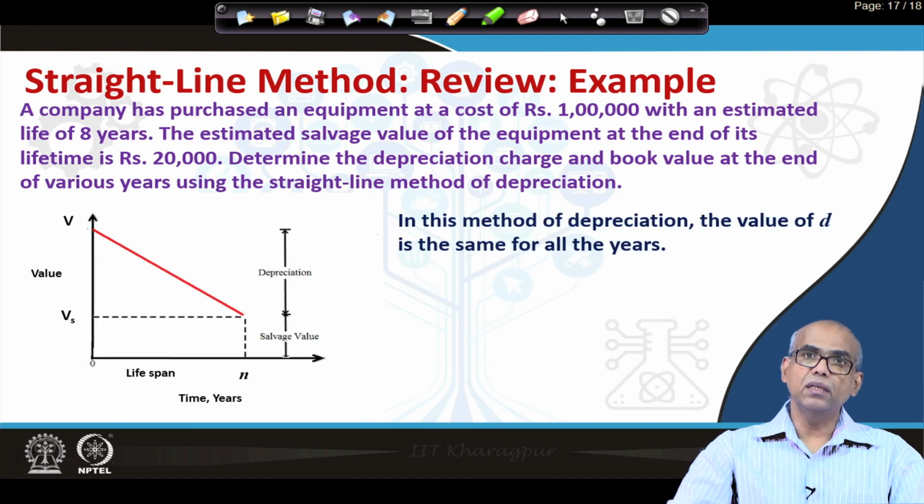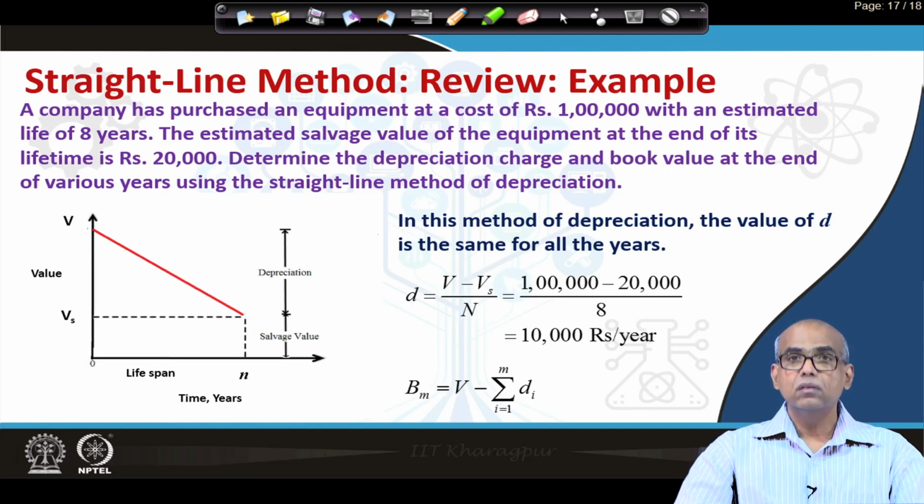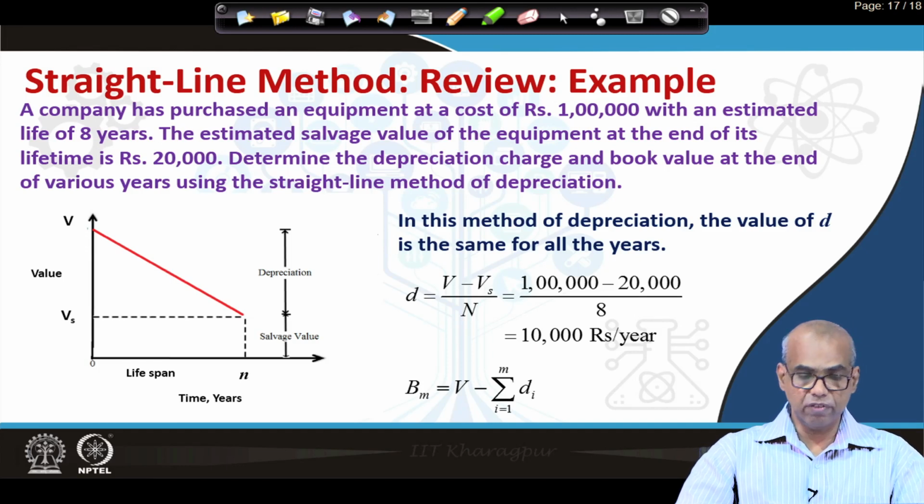The value of D, which represents the depreciation, is the same for all the years. We have seen in our previous lecture that D is (B minus Vs) by N, where B is the value of the asset, Vs is the salvage value and N is the lifespan, the recovery period over which depreciation is being charged.